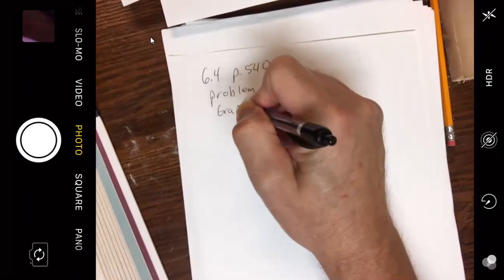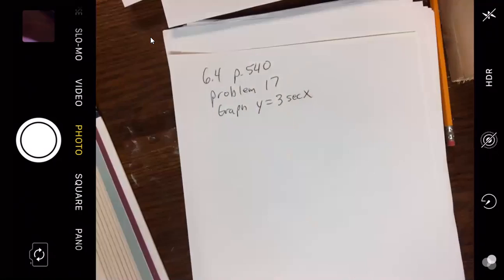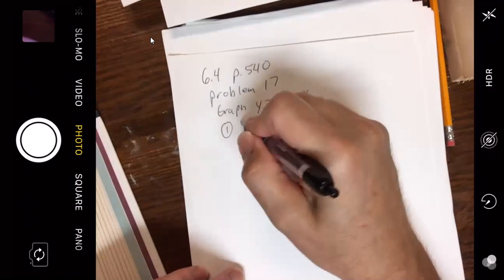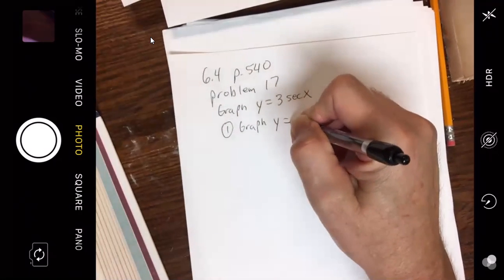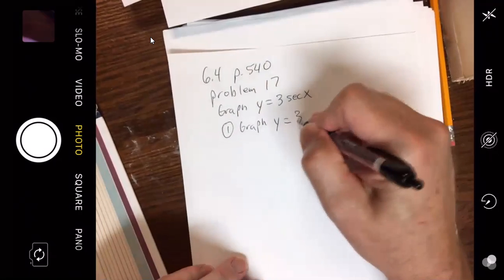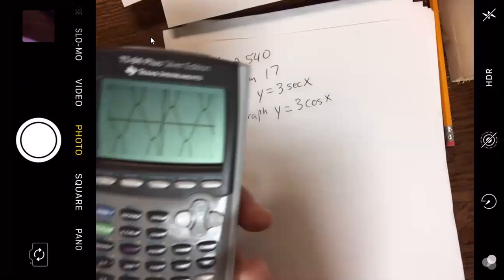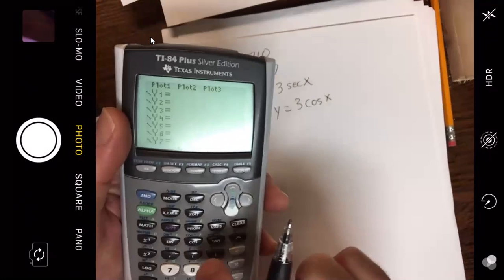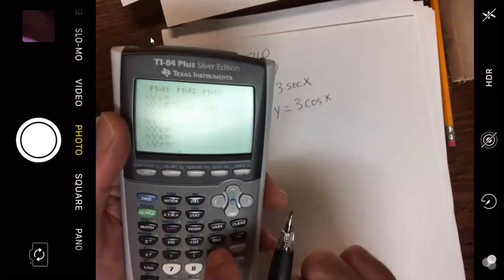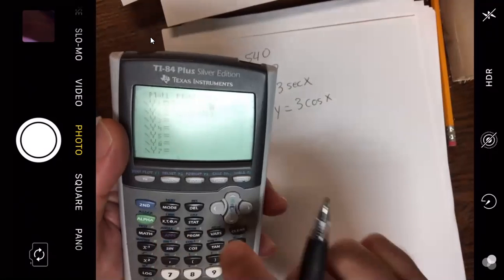Graph 3 secant x. Number 1, I'm going to graph y equals 3 cosine x. Oops, should have done up here. 3 cosine x.